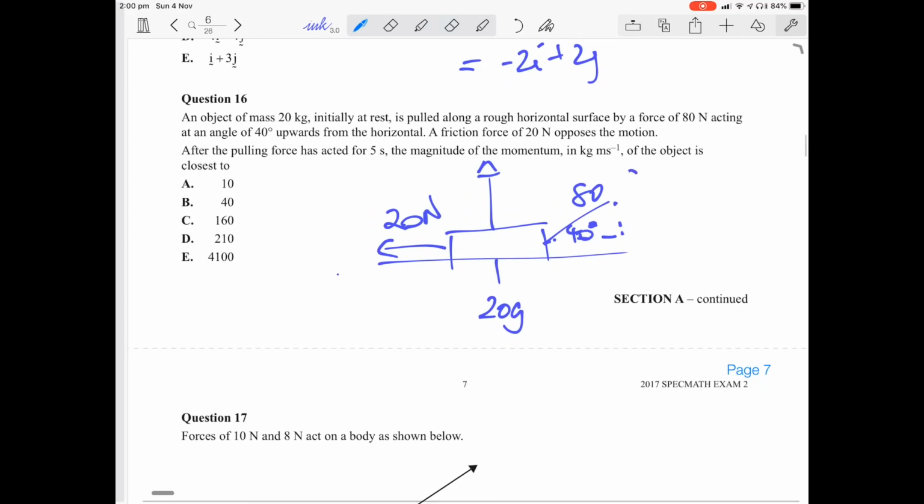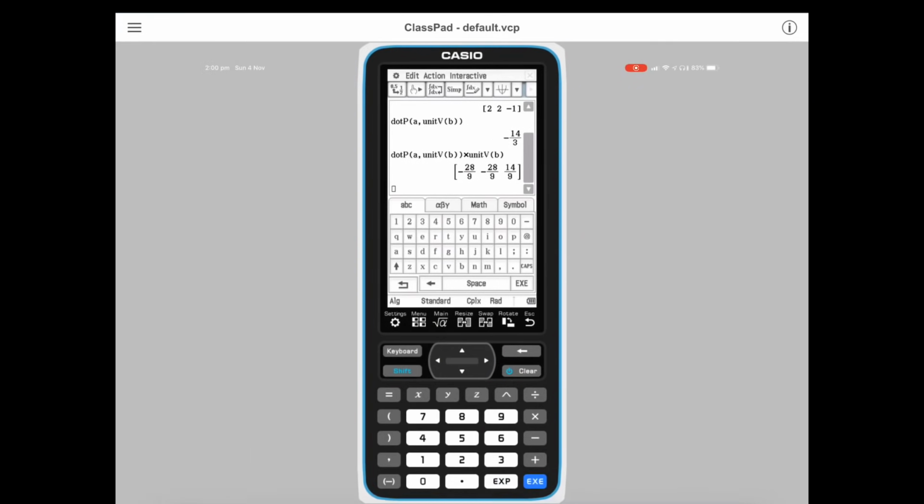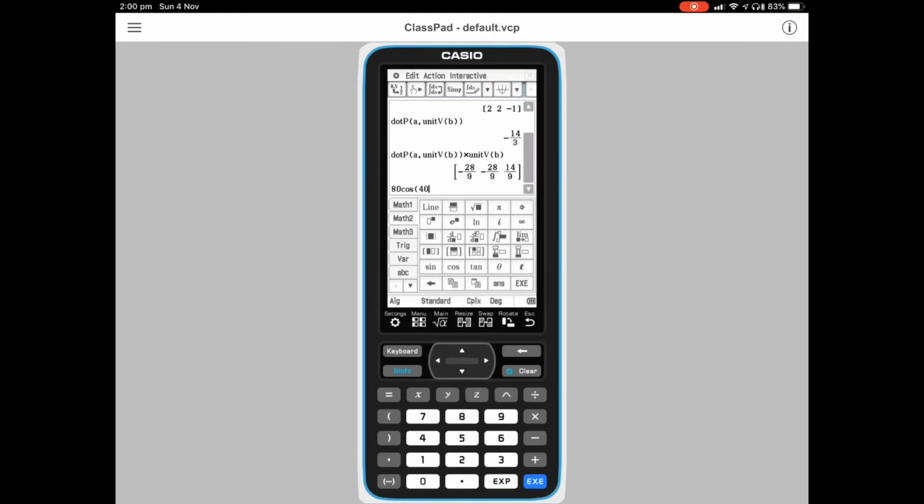So 80 cos 40, that's this, minus 20 is equal to 20a. So 80 cos 40 minus 20 on 20. 80 cos 40 minus 20 divided by 20.